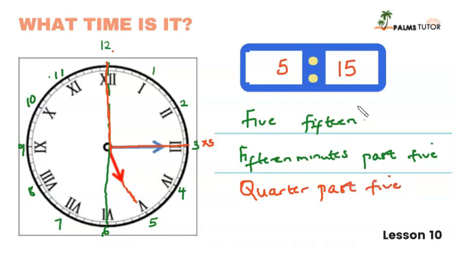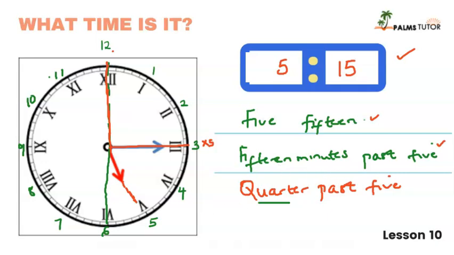You can see I've written out this time in 4 different ways. I can say it in words this way, which is the easiest anyway, 5:15, 15 minutes past 5, or you just get more specific. Whichever one you want to use, or you are asked to use, it still means the same thing. Or we get more specific and we say it is quarter past, since 15 minutes is a quarter.